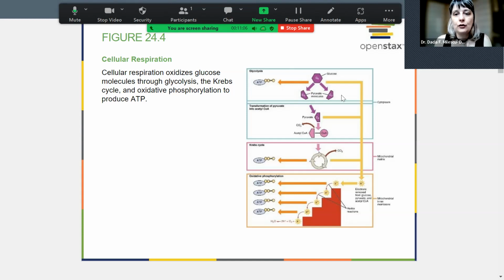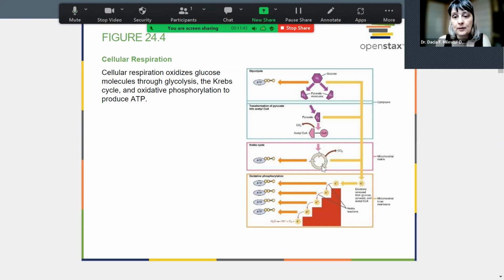Now, you're lucky we don't have to go through the actual chemical processes and understand the biochemistry behind this, but I am going to go through the most simplistic flow chart here, showing you how glucose can be broken down into 2 pyruvate molecules, and then the pyruvate is going to be broken down into acetyl-CoA, which then is going to go through this circle, and there's a number of chemical reactions here that is not demonstrated in this flow chart, but that's called the Krebs cycle.